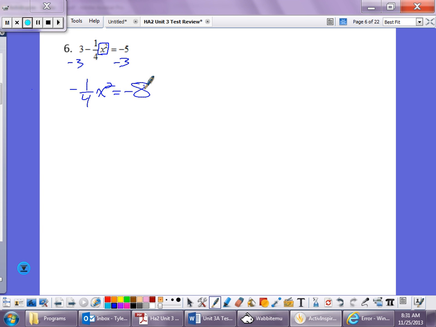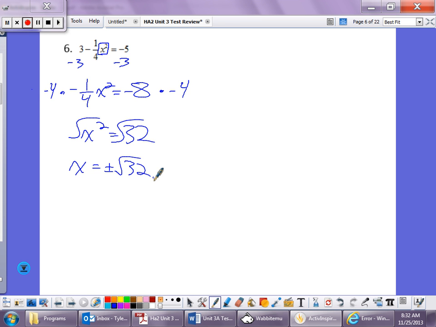And again, we want to get x squared by itself, so I multiply by negative 4, multiply by negative 4, and you get x squared equals 32. And then from here, this is where you take the square root. So you get x equals plus or minus root 32, and that simplifies to what, 4 root 2?